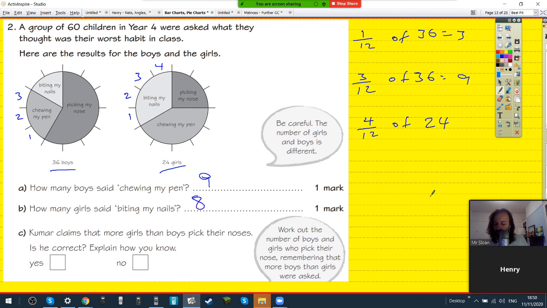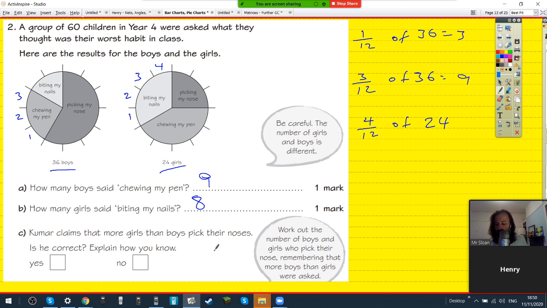And then Kuma claims that more girls than boys pick their noses. I'm not sure who picks their noses or not, because it's a chart of what they think, not what they do. That's what they're asking, like what do you think?